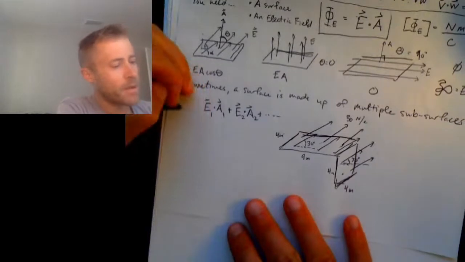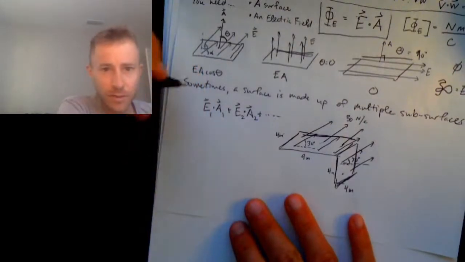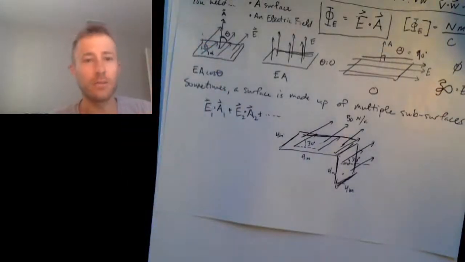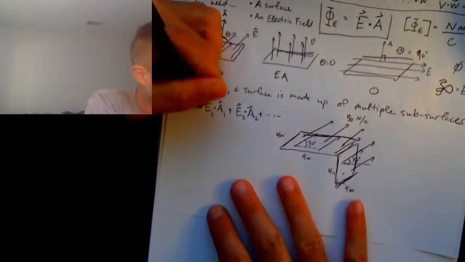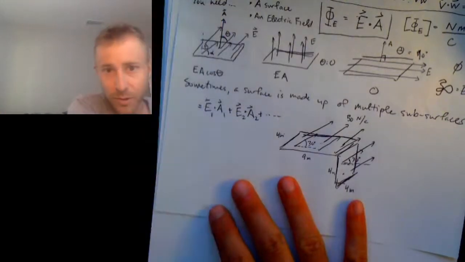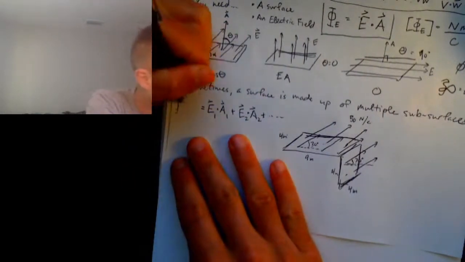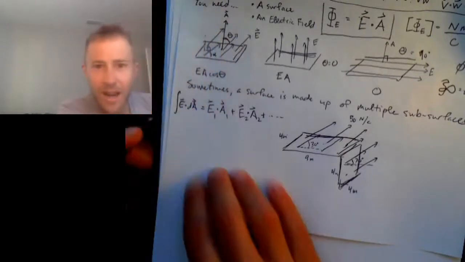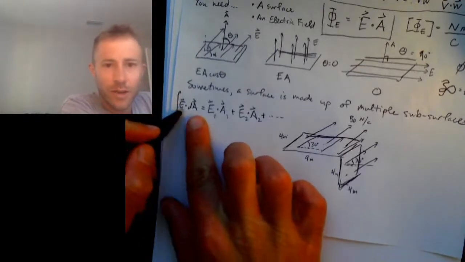Okay, and so when it is written in this way, because it's a sum, remember the integral sign is simply an elongated S for sum. So what they do when you have a complicated surface is you write it as the integral of E dot dA. So you're adding up, remember this is a sum, the electric field dotted with an area vector.